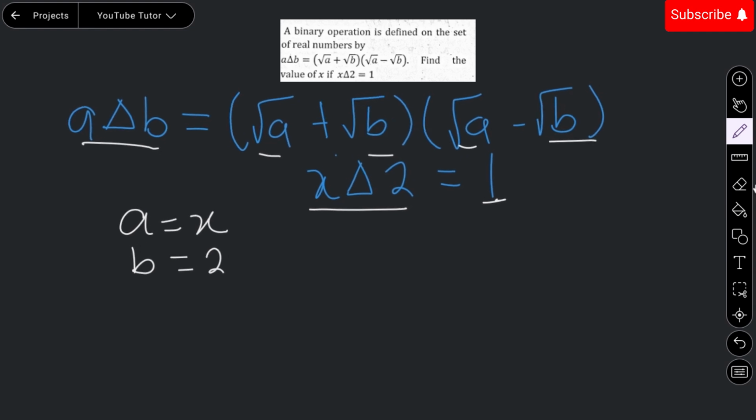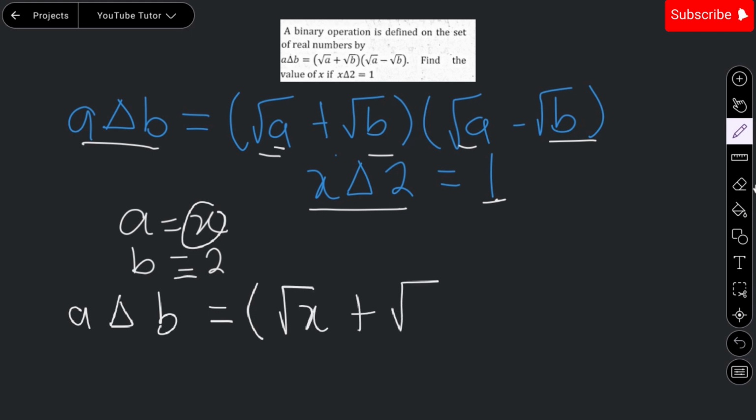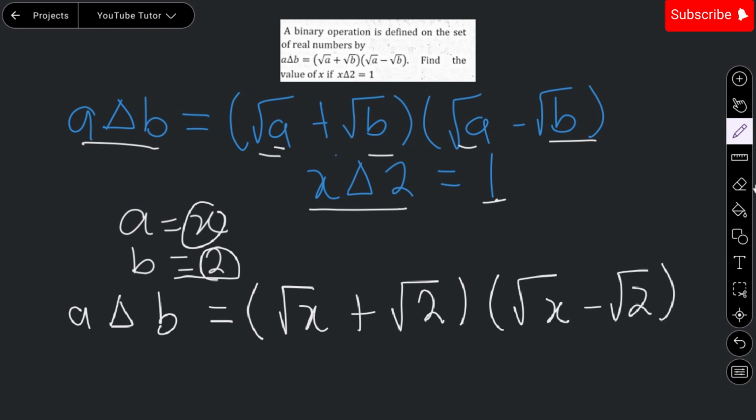So now we have A triangle B being equal to root of A. You know our A is x, so root of x plus root of B. We know our B to be 2, multiplying root of x again minus root of 2, as we've established already.